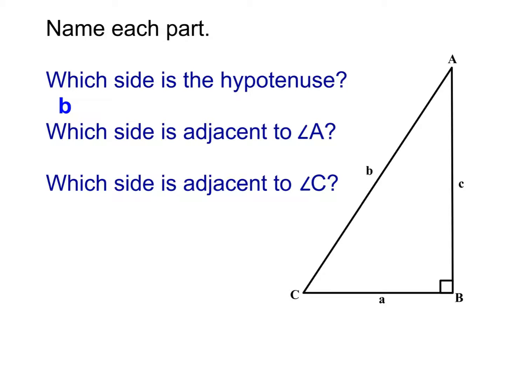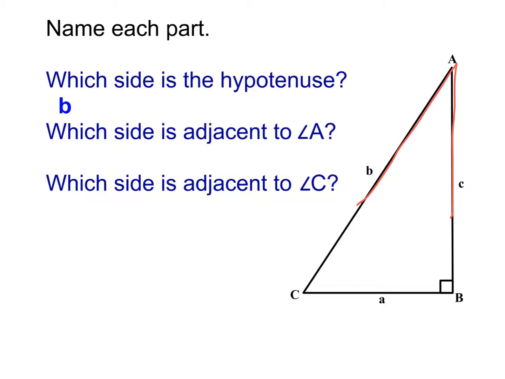All right, next up, we're looking for the side that's adjacent to angle A. Now, let's take a look up here at angle A. You notice it's formed by those two sides. Adjacent means next to, but it seems like both B and C are next to angle A. But only one of those is the adjacent. Which one?